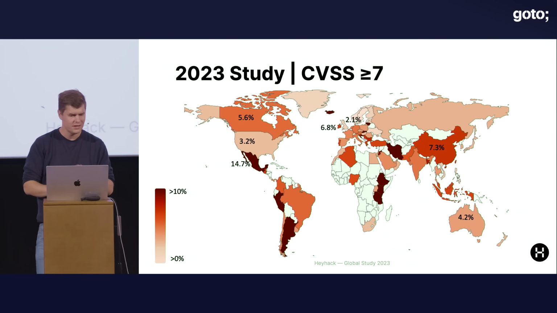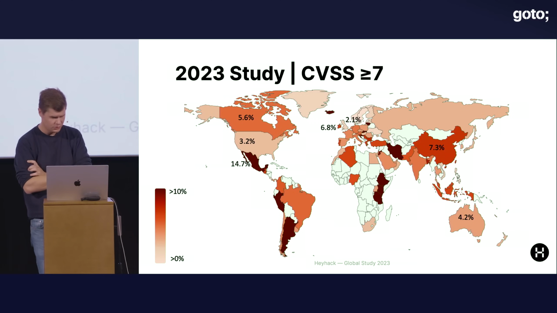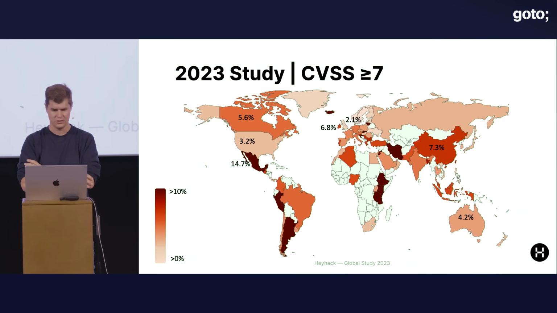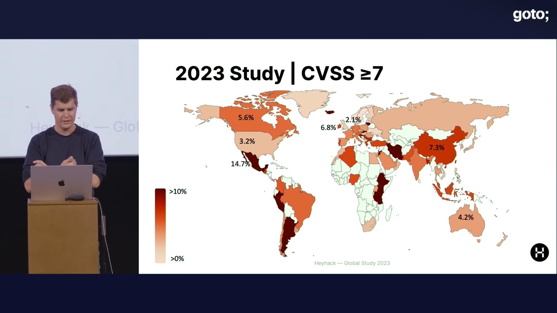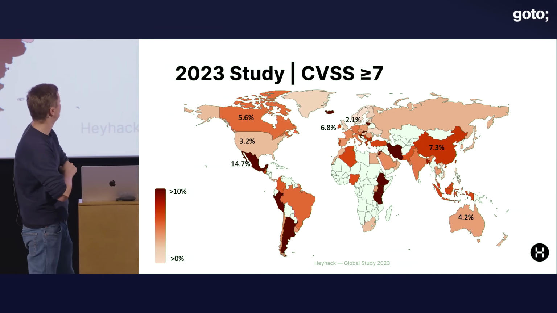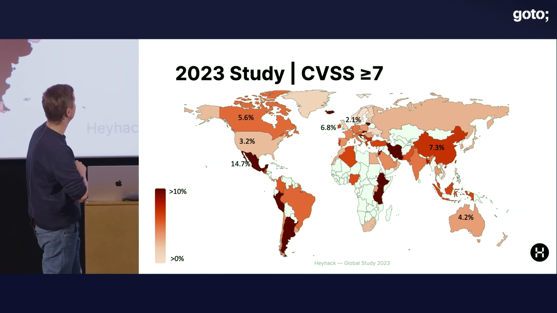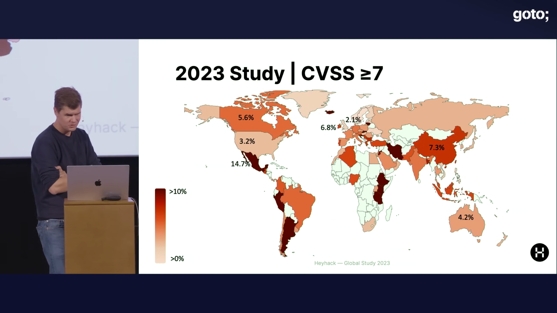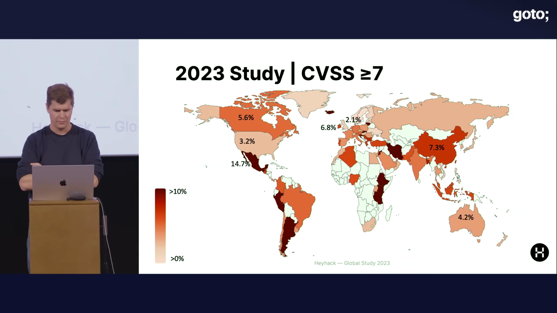We can then again take a look at the concentration of different issues, and here we've taken all of the issues that have a severity score higher than 7, and then we've seen where is the concentration of these issues around the world. And I would say it looks like we're doing pretty well in Scandinavia here. It's not as bad as you could have feared.